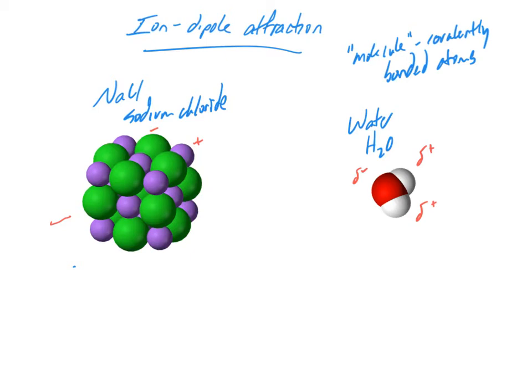And if an ion or an atom has an electron added to it, the size of that ion increases. So here, the larger one is going to be the negative ion, and the smaller one is going to be the positive ion. To continue to learn about ion-dipole attraction, it's an attraction between the ions in the ionic compound and the dipole, or either end of the water molecule.